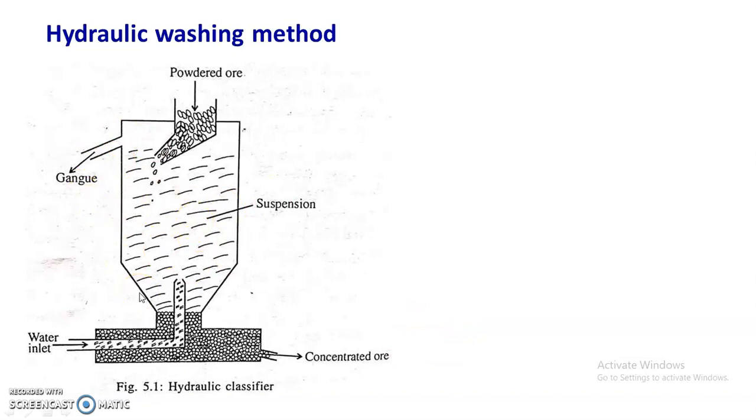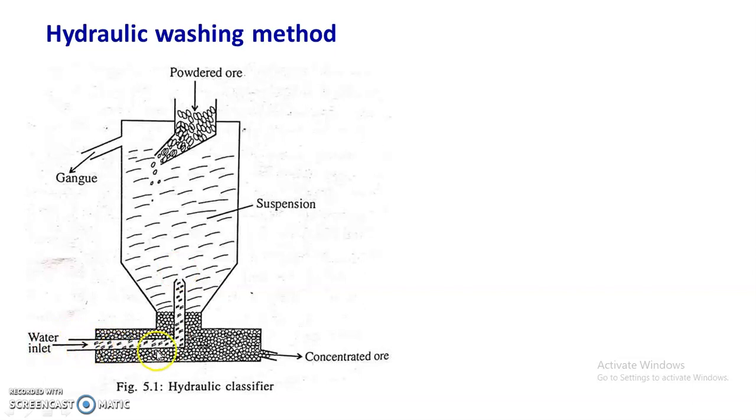Now in this method, finely powdered ore is dropped into a reservoir called a hydraulic classifier from the top. So from the top of this hydraulic classifier, powdered ore is dropped into this tank. Actually this is a conical tank.